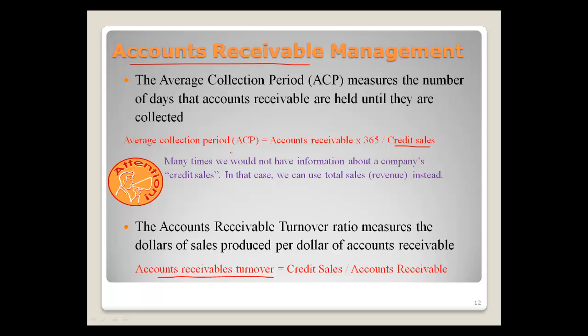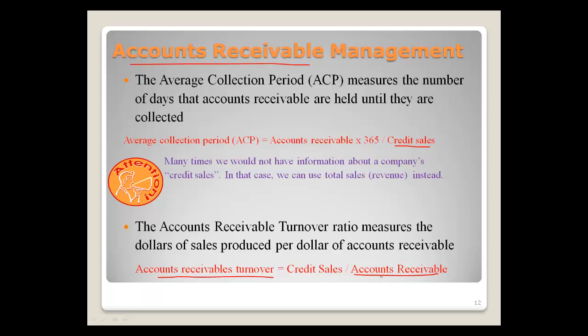If you take about 60 days on average to collect your account receivable, that means on average you will turn over your account receivable about 6 times in a year. So account receivable turnover roughly measures how many times your account receivable will be turned over within a year.